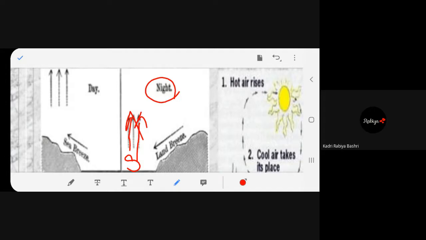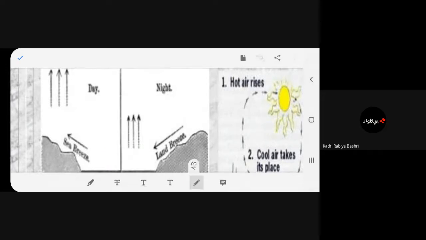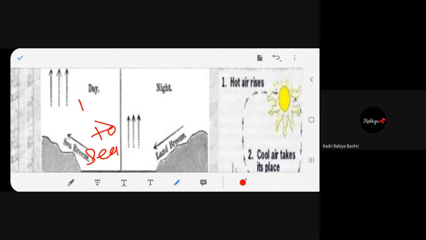This is the movement of air, either from sea to land or land to sea. If it is moving towards it, that becomes a breeze. For example, this is moving from sea to land. Right, beta?